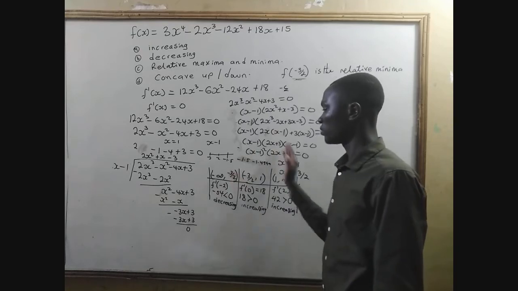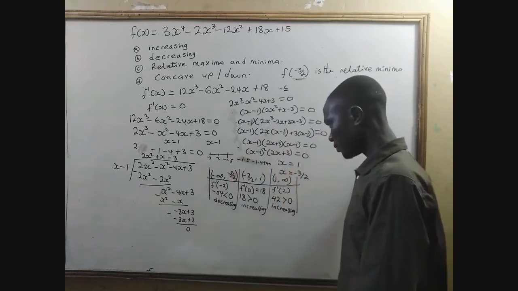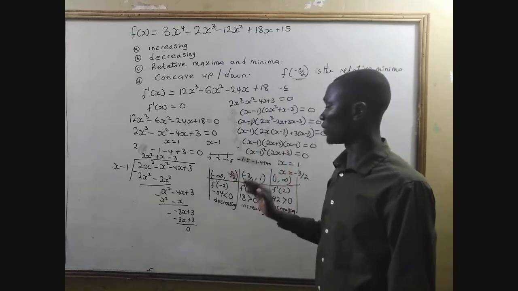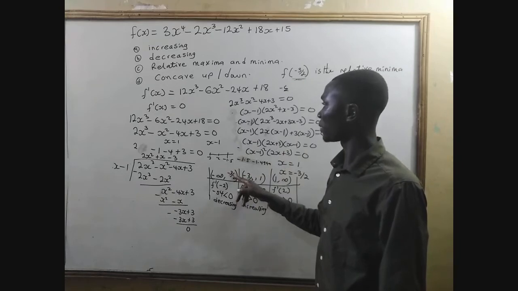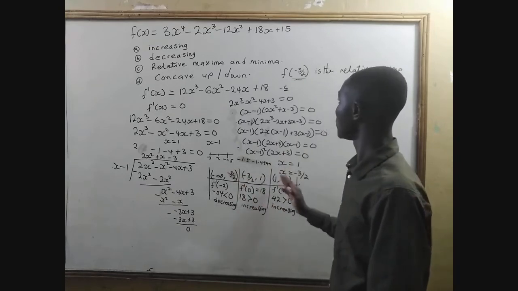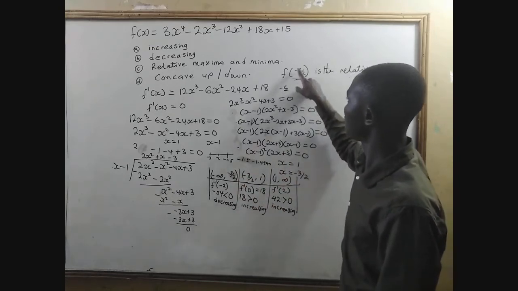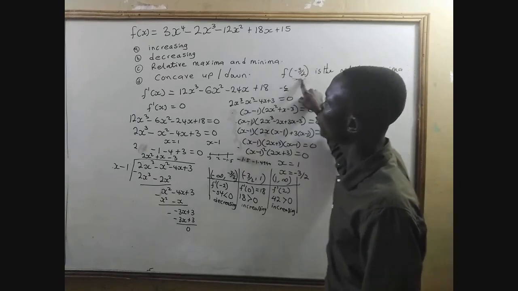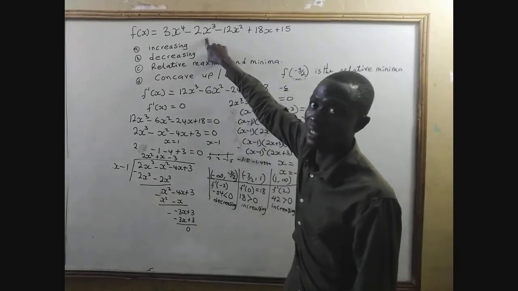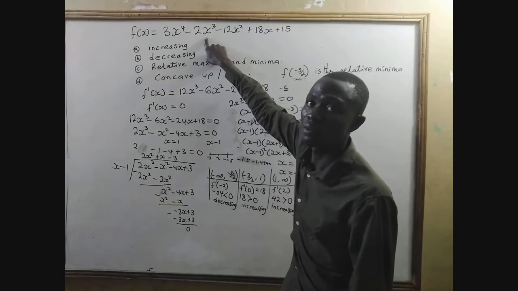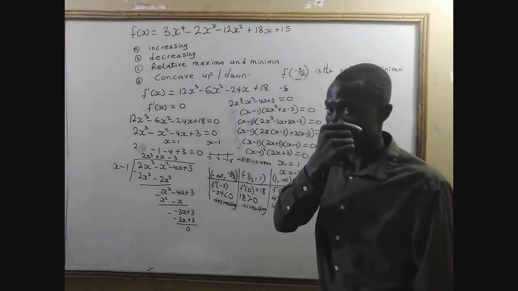If we move from that point, that is values that are greater than this number, the function will start increasing. So now we put negative 3 on 2 into the original function and find the relative minima point.